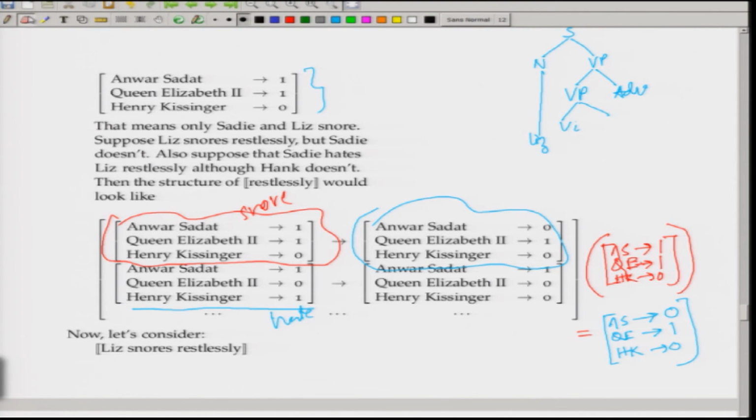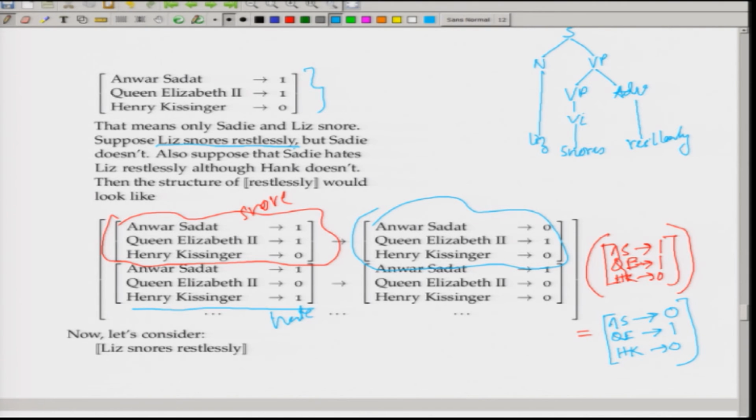Just it is a simple thing. It goes to VI, and VI goes to snores, and ADV is restlessly. Our assumption is actually Liz snores restlessly. So, our desired result is 1. We shall see how 1 is generated.